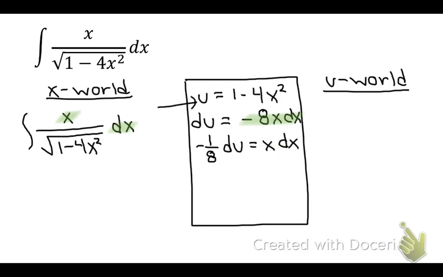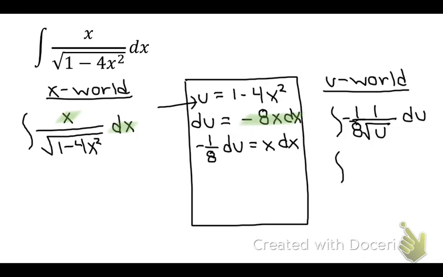Alright, let's bring everything through the box now. So over to U world we get the integral of what? 1 over the square root of u. And then we still need our x dx, but x dx is coming over as negative 1/8 du. Okay, so let's clean that up a little bit.